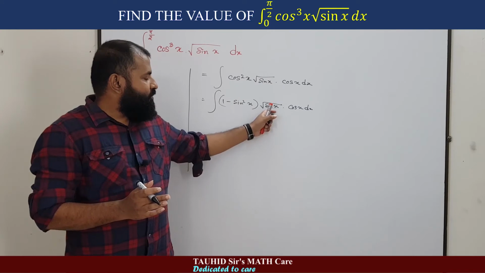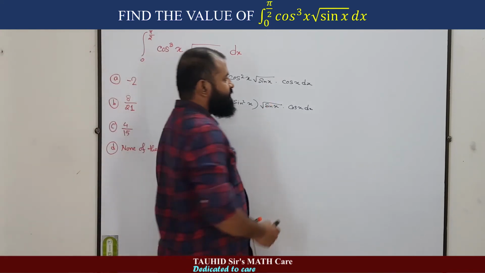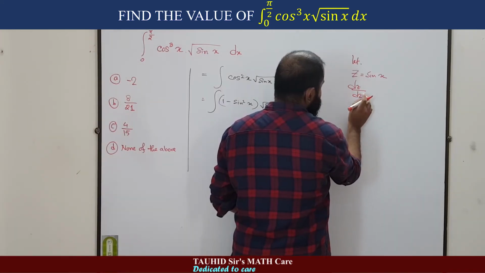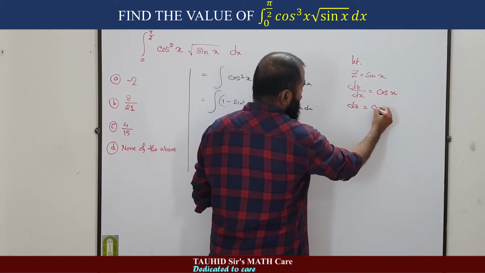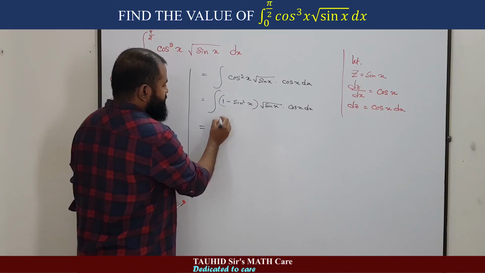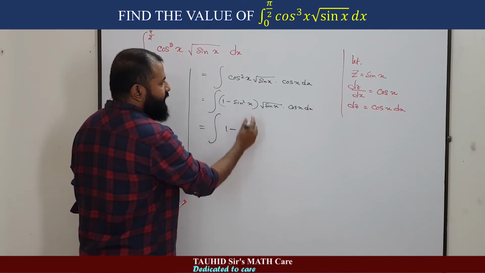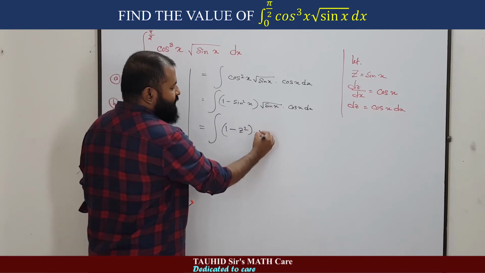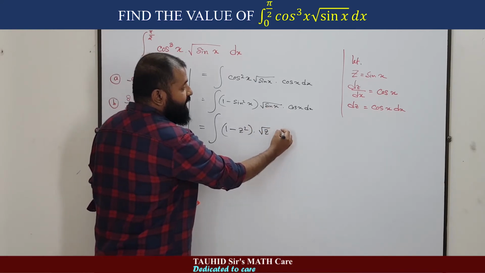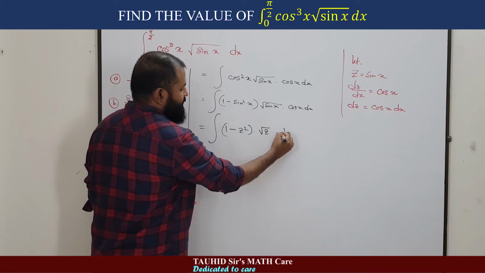If we assume sin x as z, then what will be dz/dx? It will be cos x, and dz equals cos x dx. So, we can write 1 minus sin square x, that means 1 minus z square, root over sin x, that means root z, into cos x dx, that means dz.